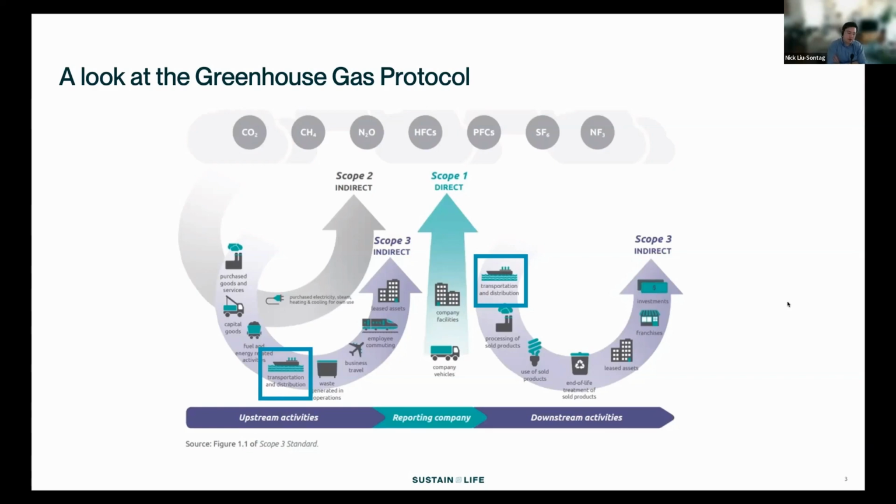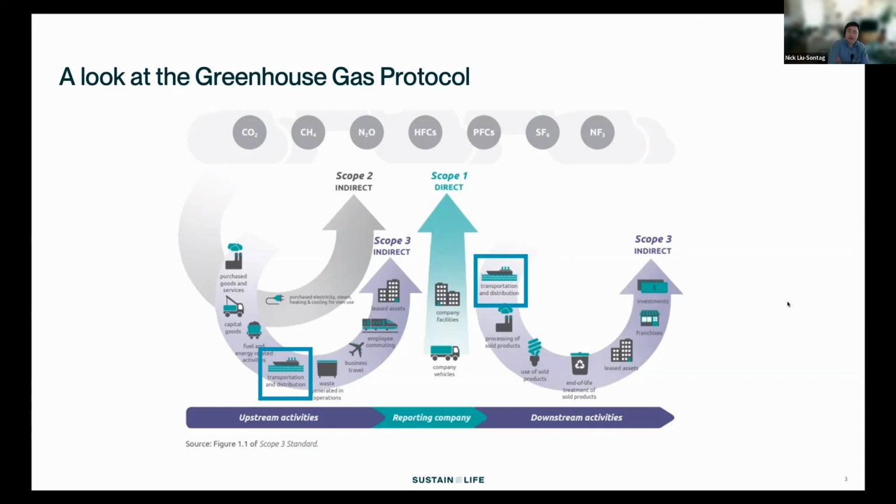So if you are delivering goods to your customers or moving goods between your facilities in your own vehicles, then that's going to fall under Scope 1, or Scope 2 if they're electric vehicles. For these categories, we're really talking about third-party emissions. This includes common parcel carriers like UPS and FedEx and DHL.